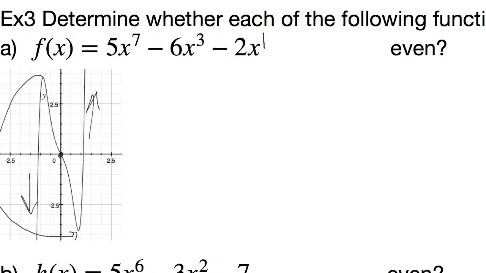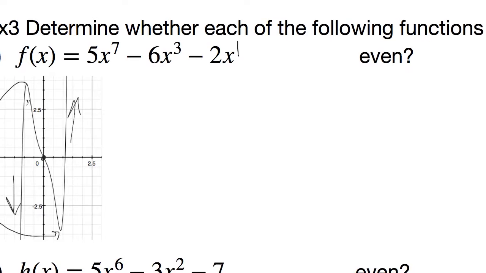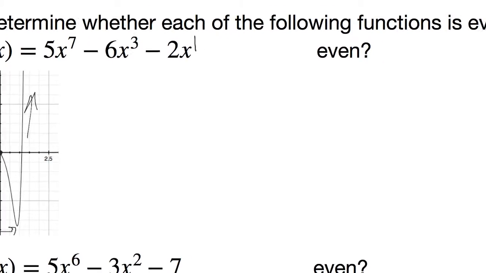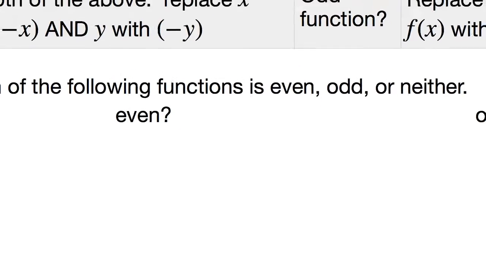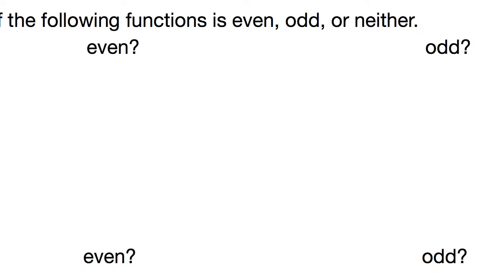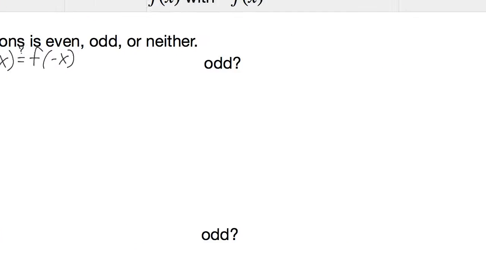So let's actually do the algebraic test. We think it might be odd. The even test asks, is f of x equal to f of negative x? The odd test asks, is f of negative x equal to negative f of x?